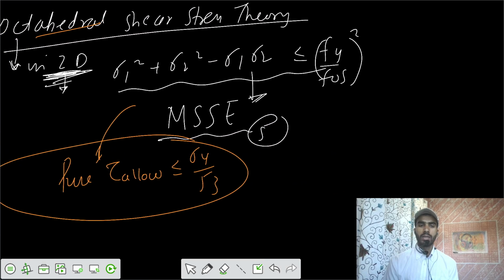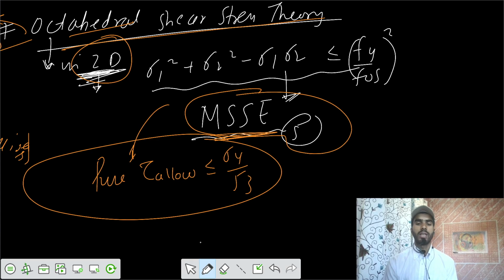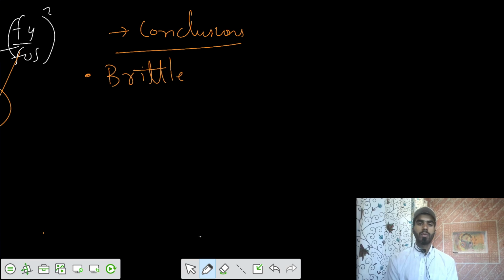Then we can say for the 2D case that octahedral shear stress theory is the same as the maximum shear strain energy theory. So, the final conclusions we can draw from the theories. Say you want to use a theory that is suitable for brittle material, we would say go for method 1, maximum principal stress theory.